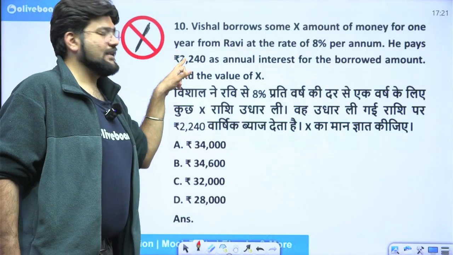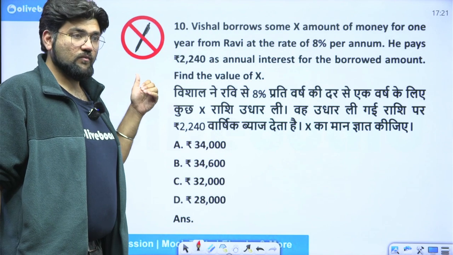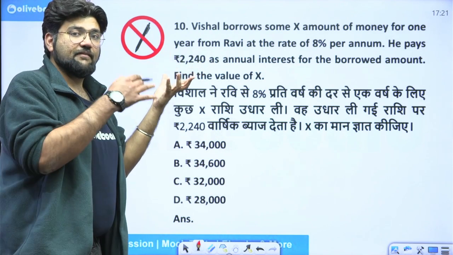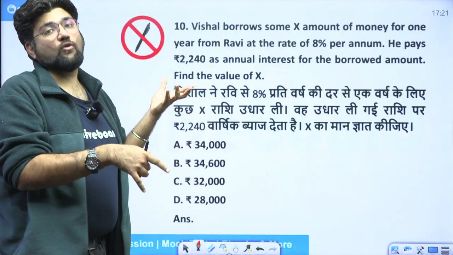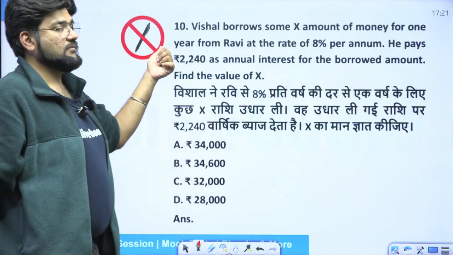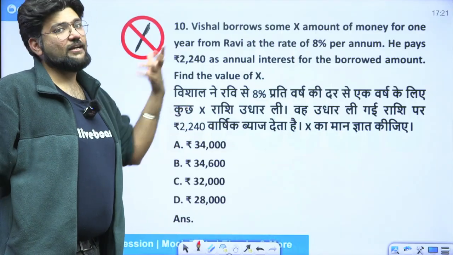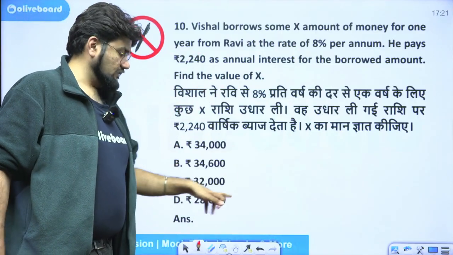Divide by 2 means 1120. 1120 multiplied by 25. Now you can convert 25 into 100 by 4, cancel 100, 1120 by 4, so you will get 280, 280 into 100 is 28,000. You will see the answer right here.